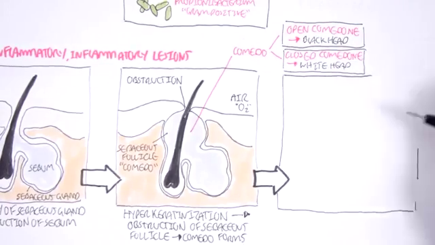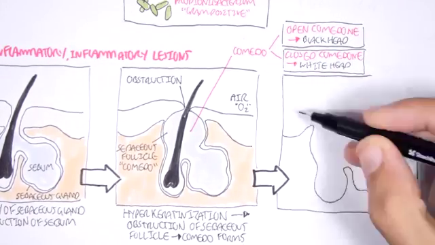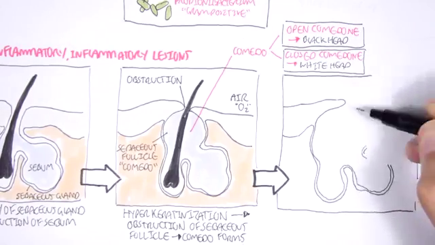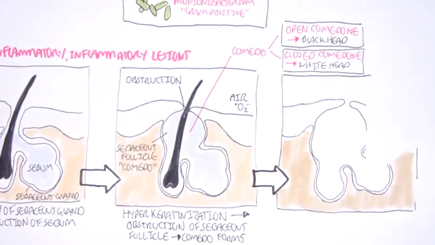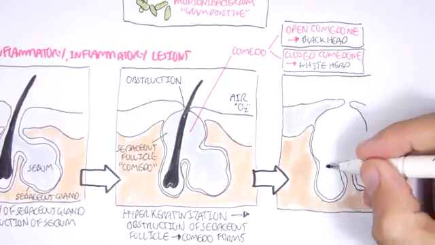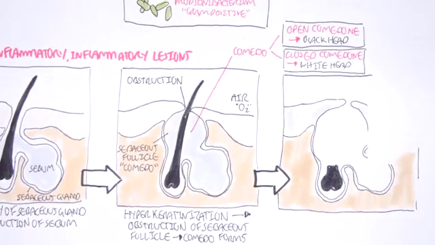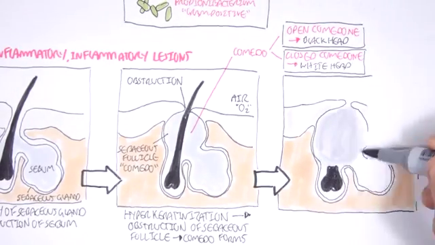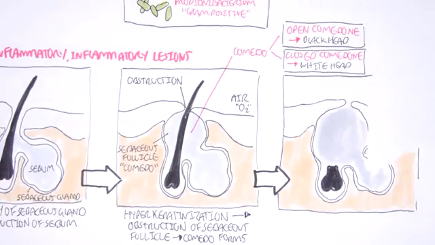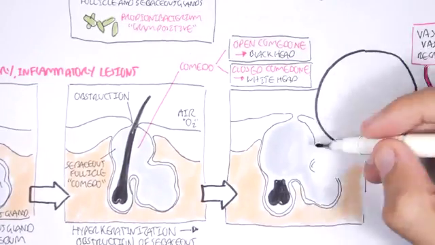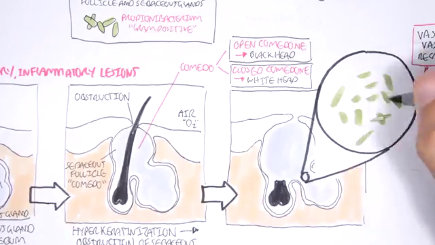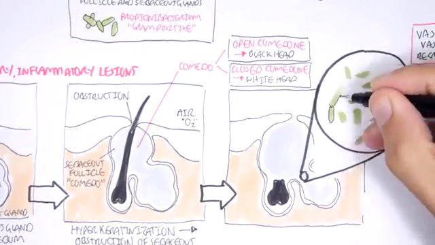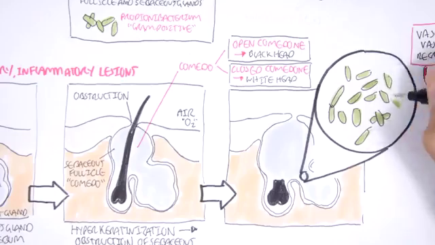Continuing on, because the komedo is forming, it will still keep growing because there's nowhere for it to really go, except within the sebaceous follicle. There is still sebum being produced by the sebaceous gland, and so this rich environment of sebum and all this oily fatty stuff is very comfortable, very nice for the commensal bacteria that live there, which are the Propionibacterium acnes. These guys love sebum, and so they will proliferate.